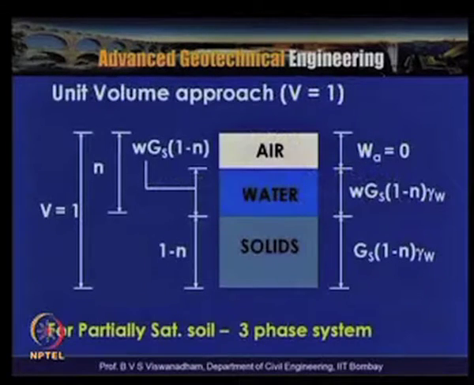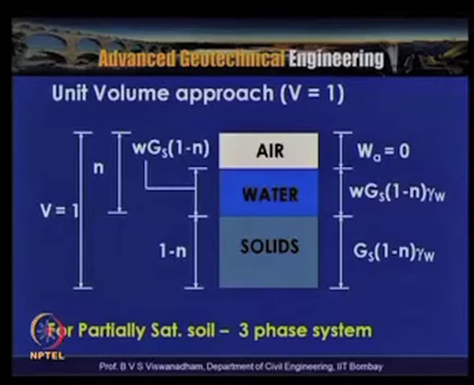Now, having seen the specific volume approach, let us see the unit volume approach also. It is sometimes very easy to deduce interrelationships or phase relationships in the different phases of the soil. For a partially saturated soil, let us consider a 3-phase system, and here what we did is that total volume is set as 1.